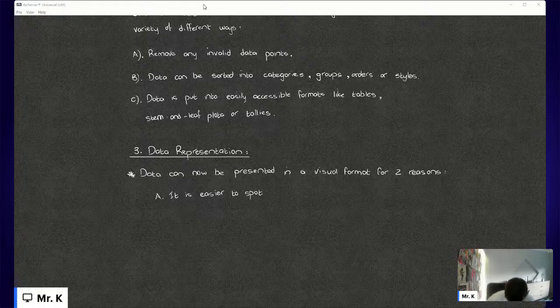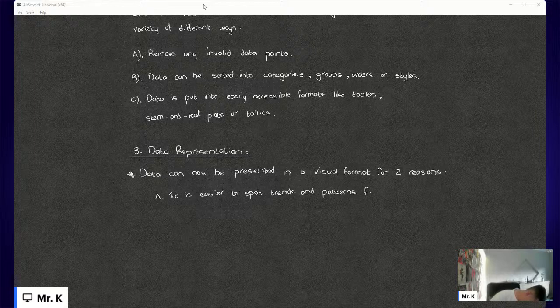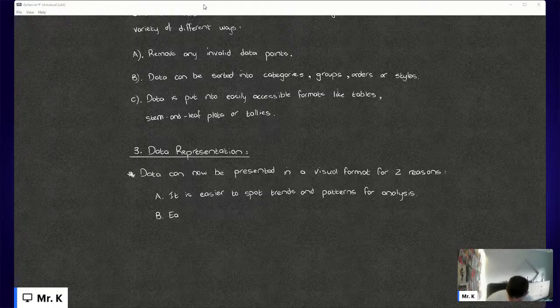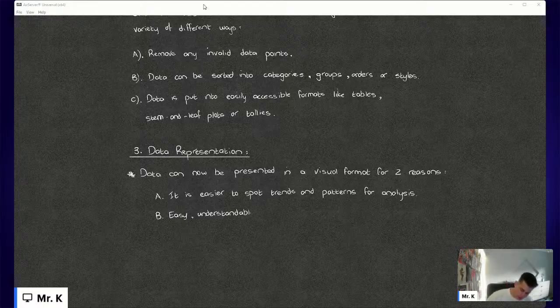It is easier to spot trends and patterns for analysis. And B, it's an easy, understandable format. It's an easy, understandable format for external users.